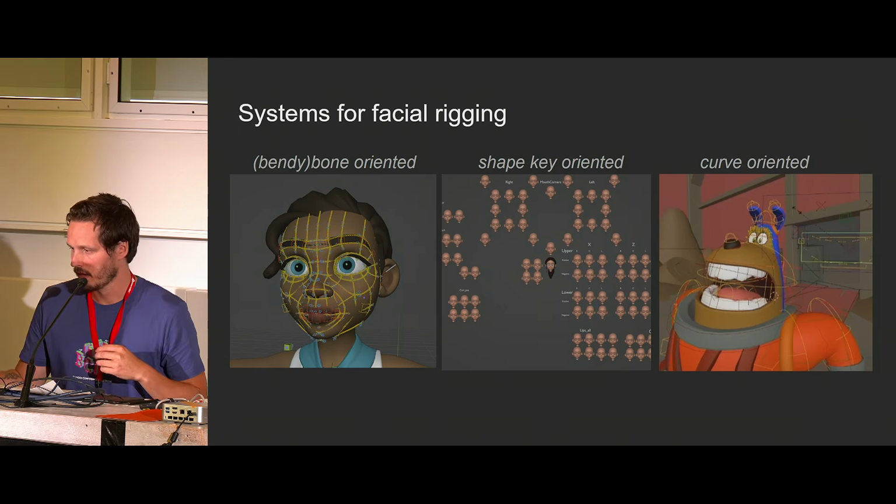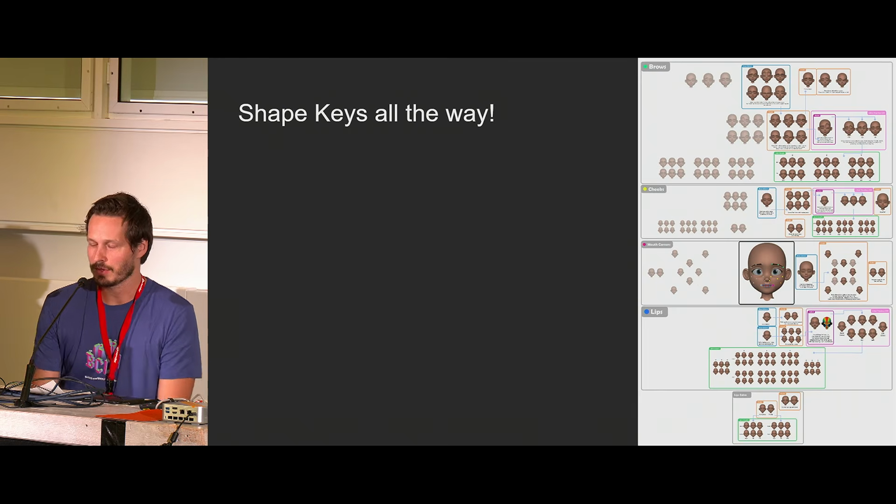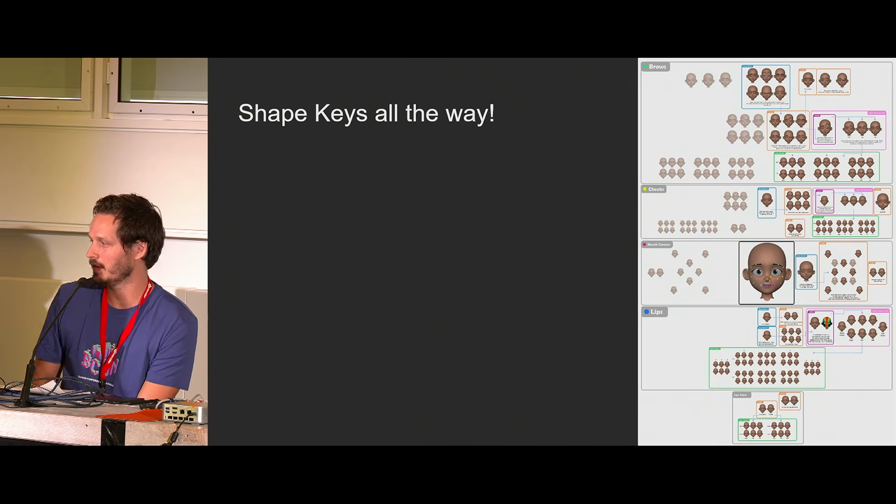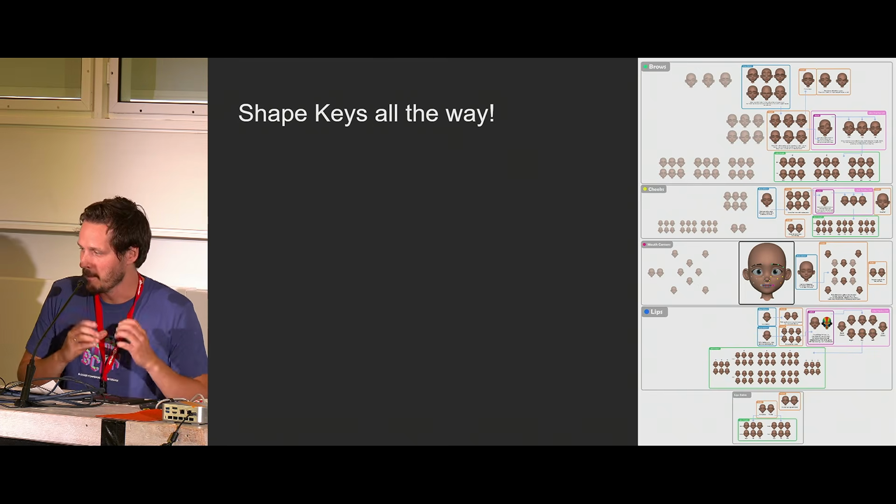So there, I became a little bit of an activist for shape keys, and I made this whole diagram where I pointed out which shape keys and how I wanted to make the facial rig.